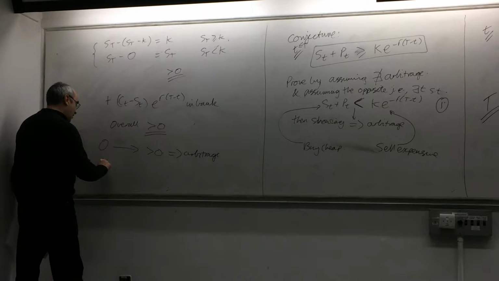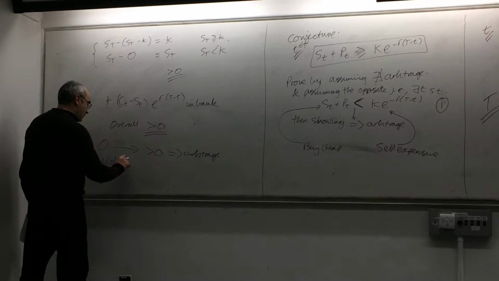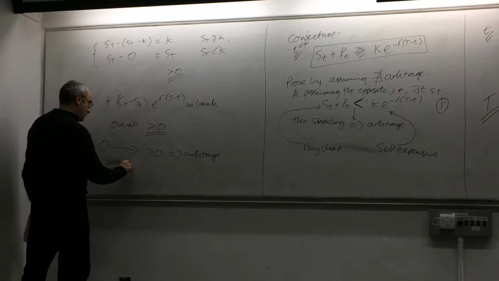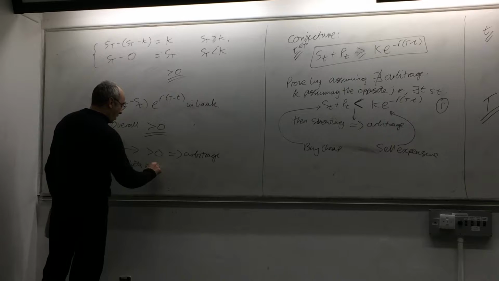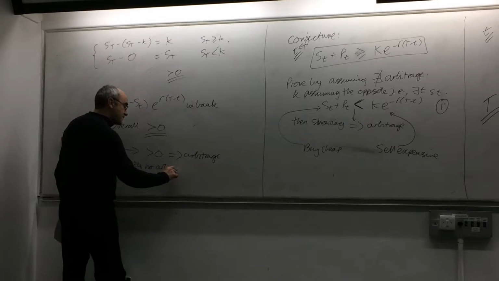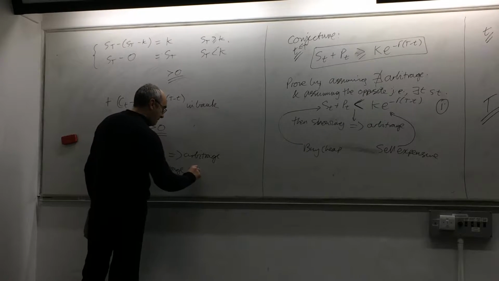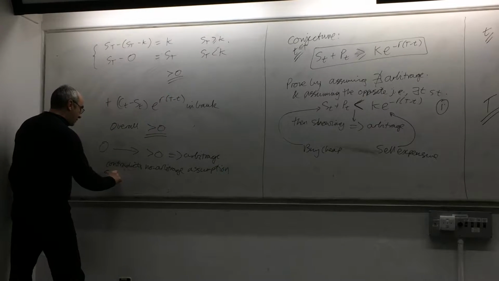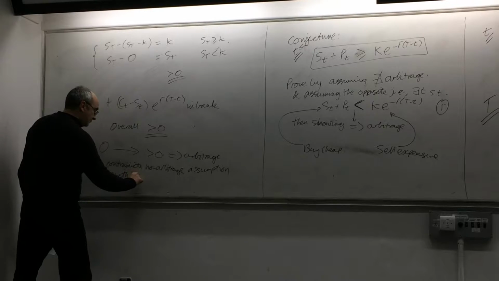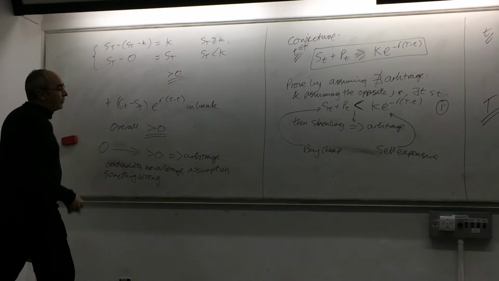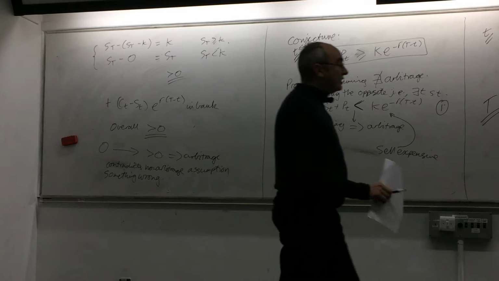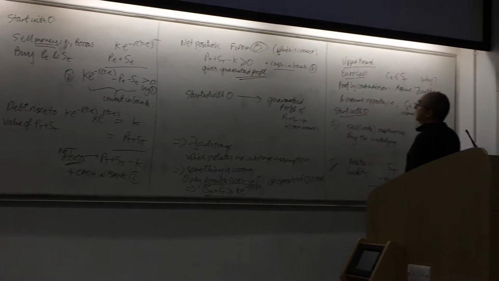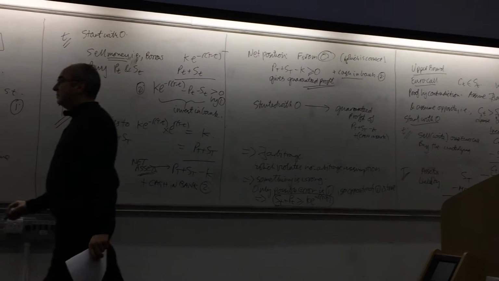I've violated the arbitrage, or it contradicts the no arbitrage assumption. Something must be wrong. And if we make the assumption that there's no arbitrage, the only thing that can be wrong is this thing. So the only thing that can be wrong is 1.